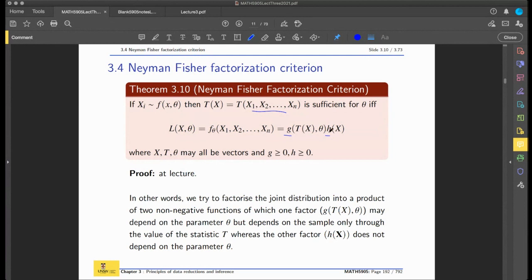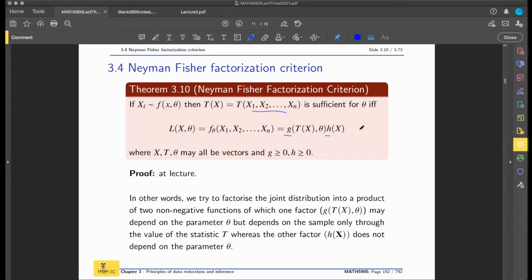Essentially, what this is saying is that my likelihood only depends on my parameter theta through the sufficient statistic T. So wherever I see a theta, there must be a T(x) attached to it. The likelihood only depends on theta through the sufficient statistic, and whatever's left can go into this h of x. So if I can write it in this form, then T(x) must be a sufficient statistic for the parameter theta.